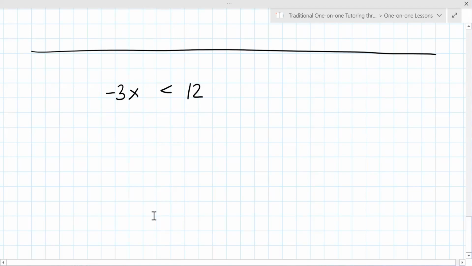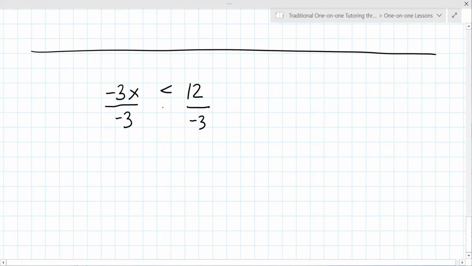What's keeping x from being alone? Okay, so you just have to divide both sides by 3. By negative 3. Yep, you said 3. It's really important. It's negative 3. What happens when you multiply or divide by a negative? What do you do to the inequality?